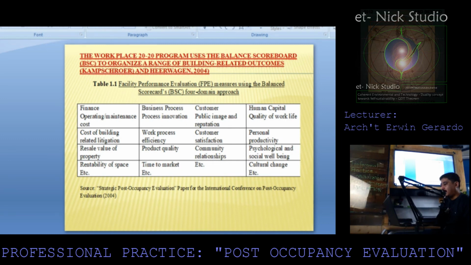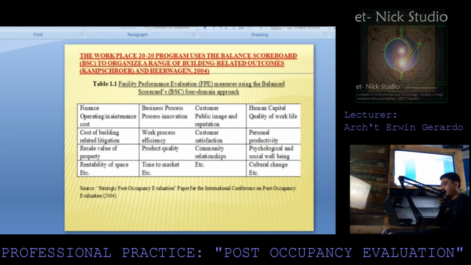Under finance, we have the operating and maintenance costs, cost of building-related litigations, resale value of property, and rentability of space.